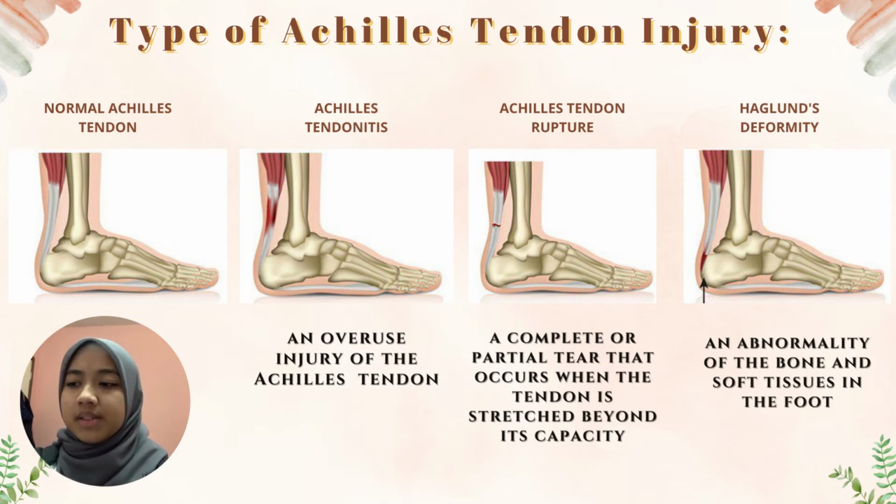And the last picture is a Haglund deformity, which is an abnormality of the bone and soft tissue in the foot. The soft tissue near the Achilles tendon becomes irritated when the bony enlargement rubs against the shoes. This often leads to painful bursitis, which is an inflammation of the bursa.